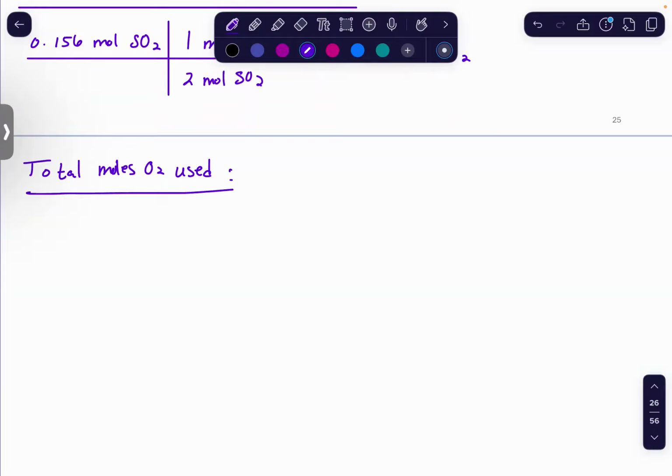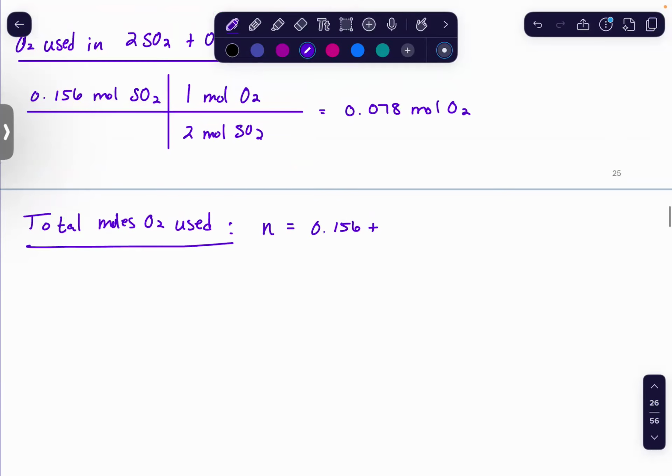Well, and the reason we went for moles, I hope it's obvious, is because in our ideal gas equation, n is going to be the moles of O2 used, and that's 0.156 plus 0.078 equals 0.234 moles of O2. So that's our variable n for our ideal gas equation.